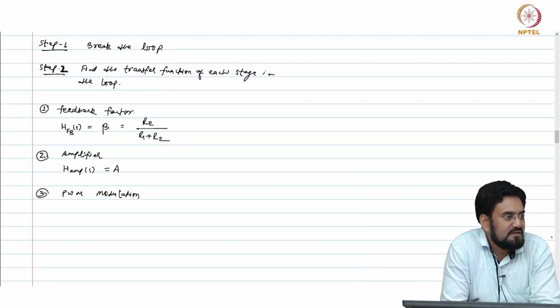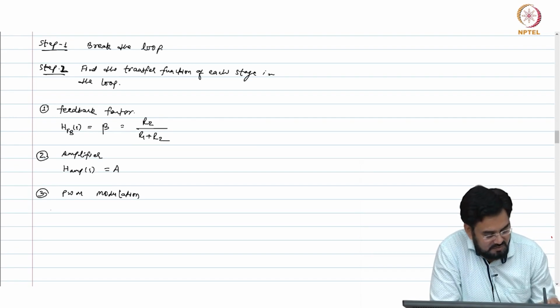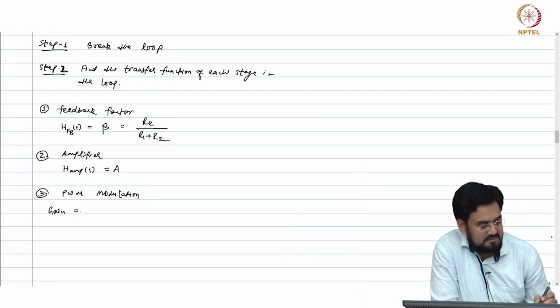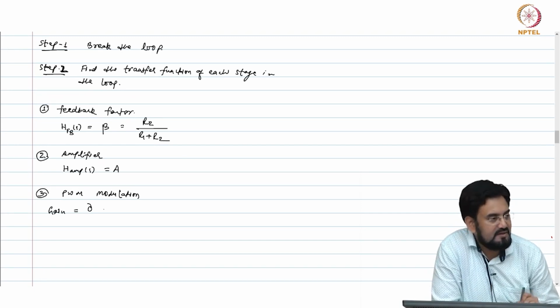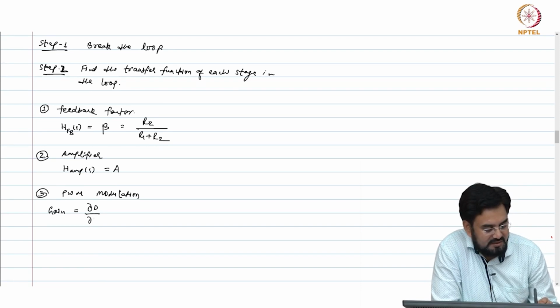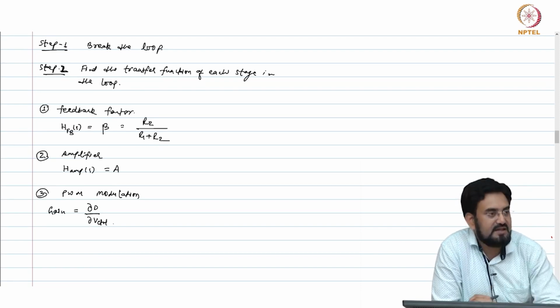Output is the duty cycle. And input is the voltage, V control. So, how will you find the gain? Gain is 1 by VP? No, what is the output? Output is the duty cycle, so it is delta D over delta VCTRL.